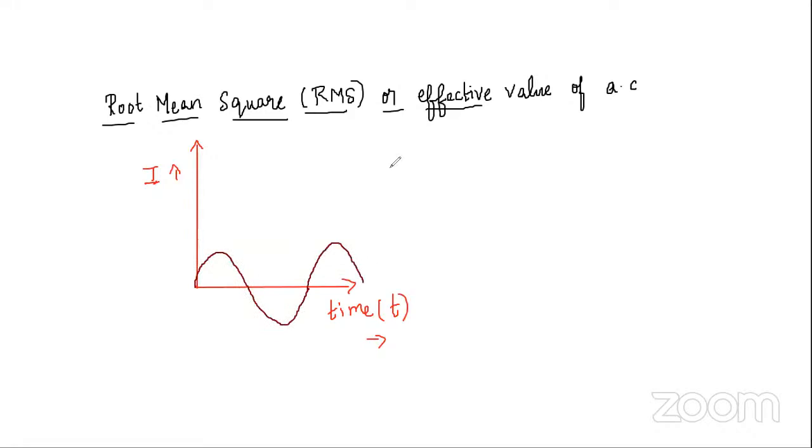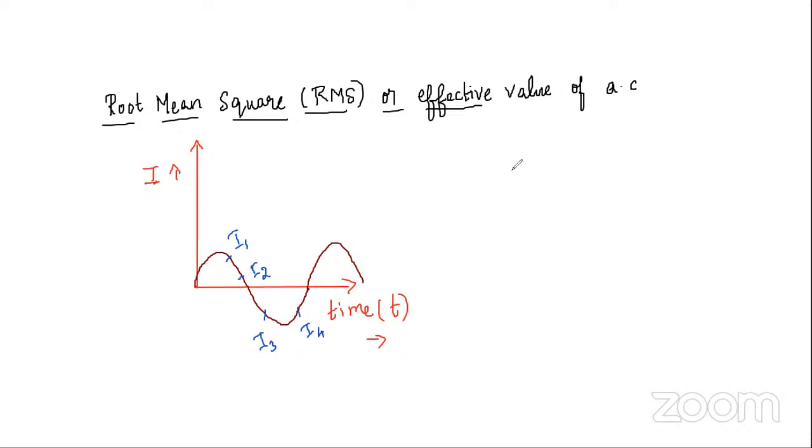Here you need to consider the instantaneous values. For example, I am taking a current value I1, and here another current value I2. Here another value I3, and here I4, like that. I can take n number of values. It is not restricted, so I can choose n number of values from this graph, I1, I2, I3, I4, like that. I can take many values.